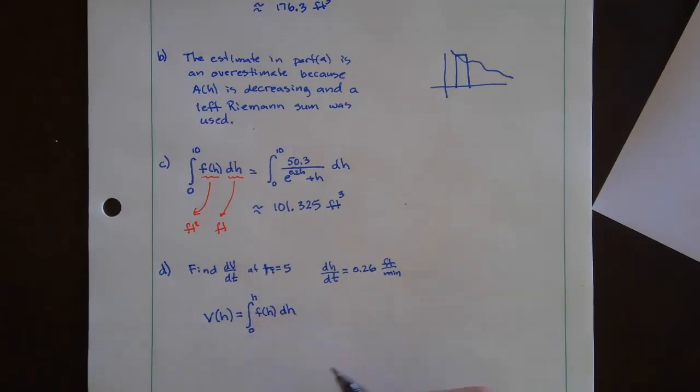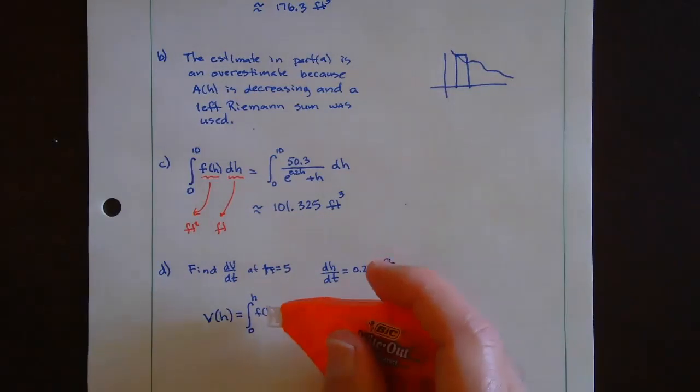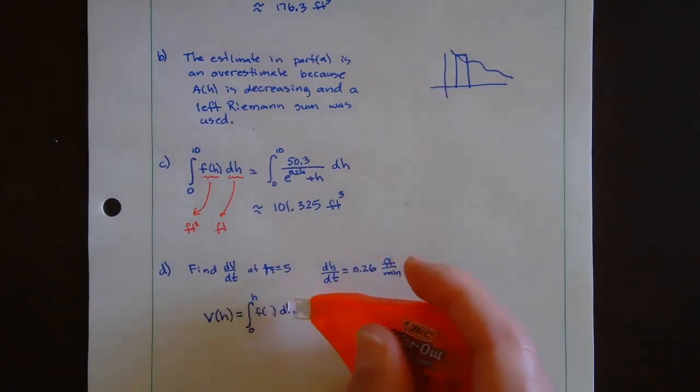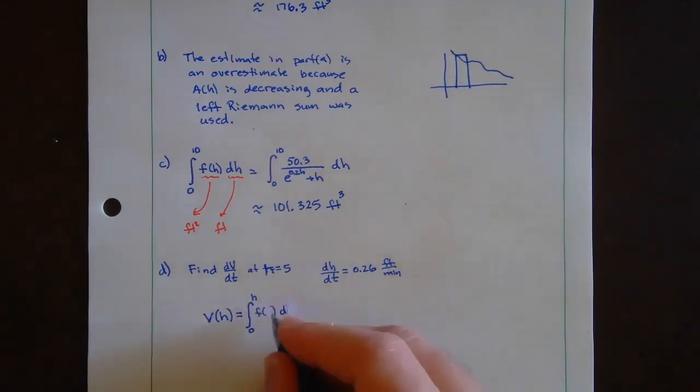Wait, I have to change this because we need to use dummy variables, so it shouldn't be h here. We're going to change it to x's, because h represents where we're going to stop the integration, and x just represents what we're putting into this function. So f of x dx.